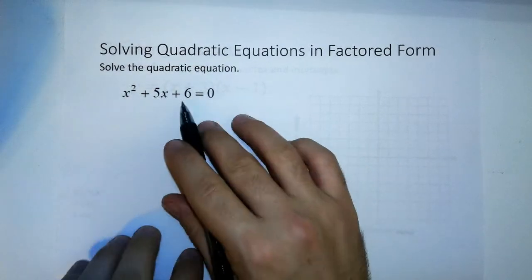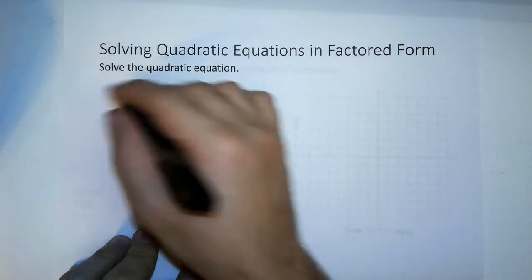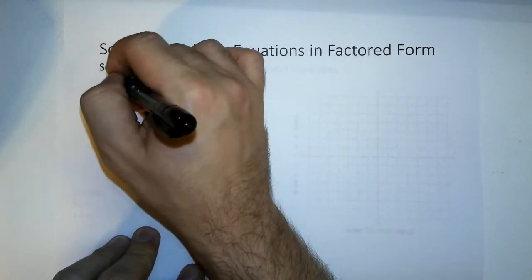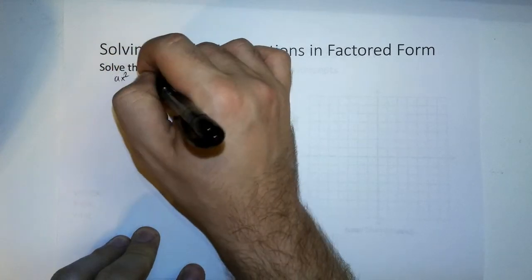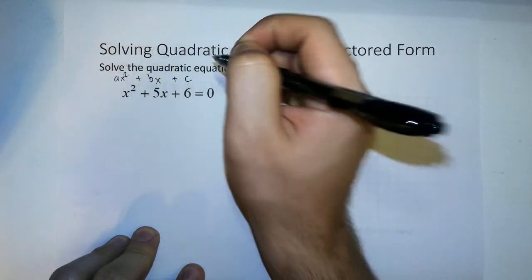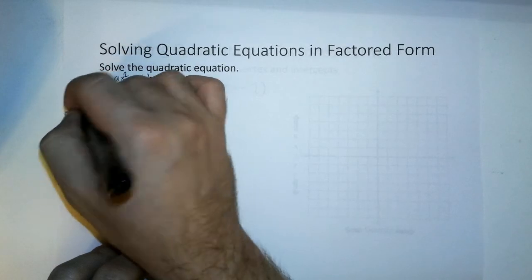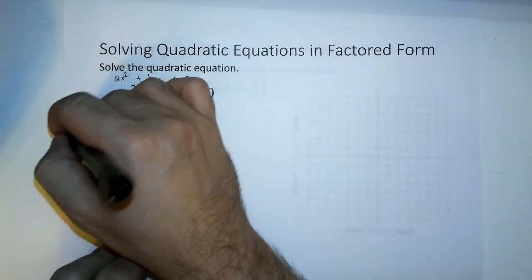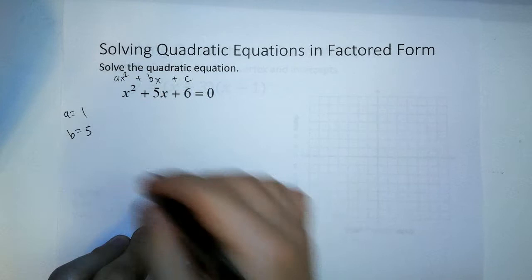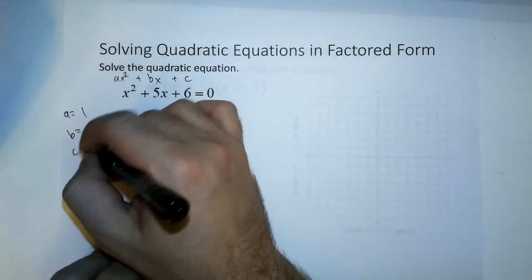Okay, so this one's set equal to 0. We just got to factor this side. So remember, I'm looking at ax squared plus bx plus c. That means a is equal to 1, b is equal to 5, c is going to be equal to 6.